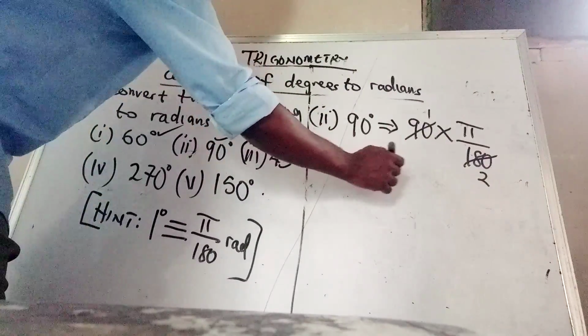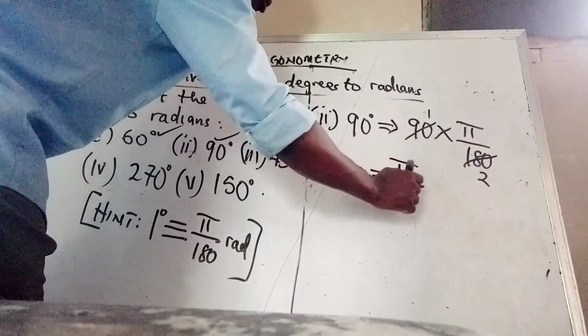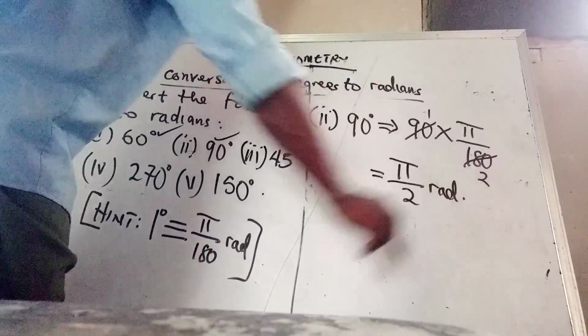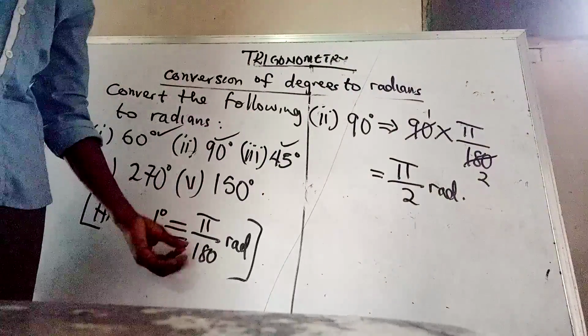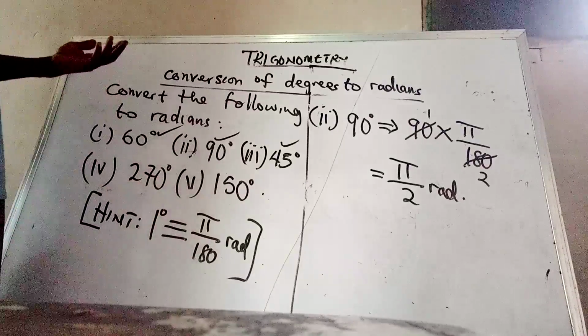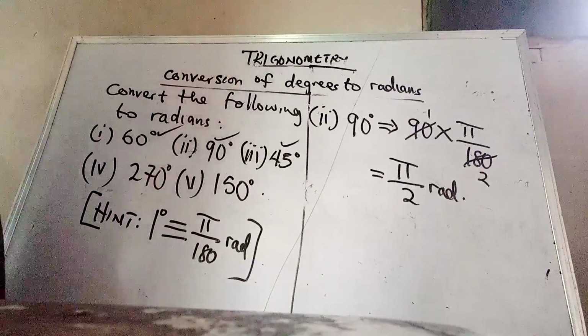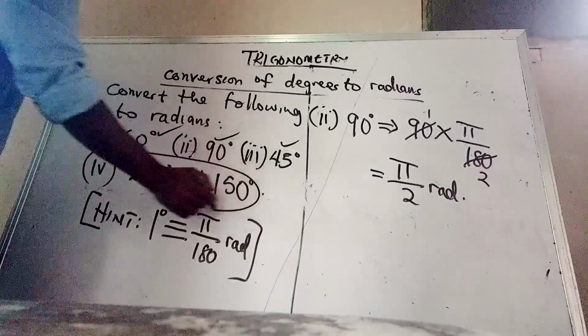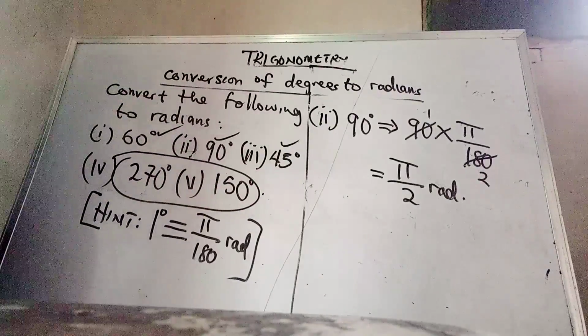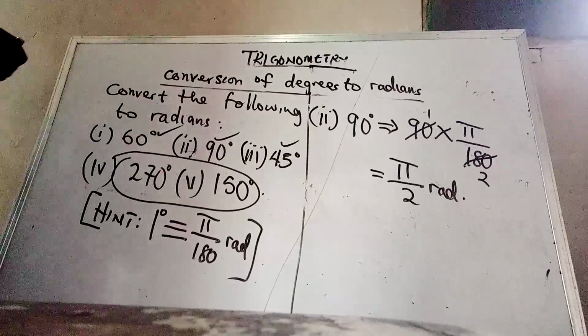That will give me pi over 2 radian. And that's how you convert angles to radians using this conversion standard. So try these two and let me know what you get.